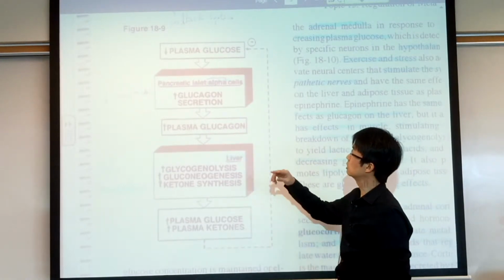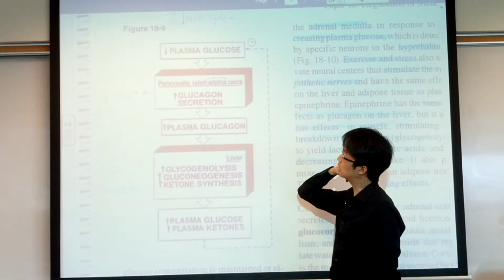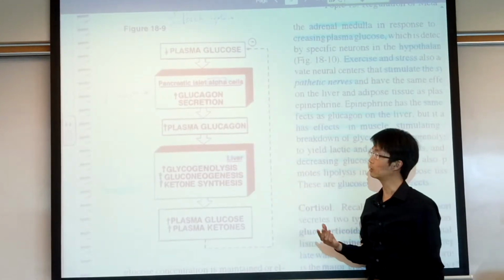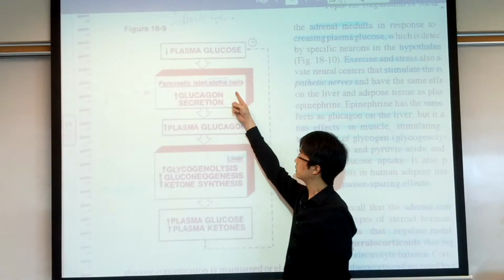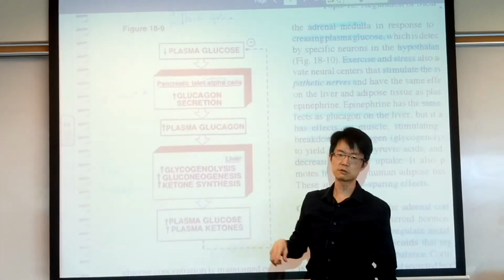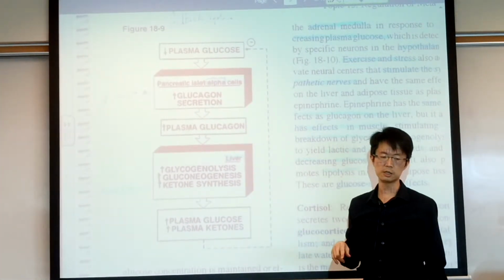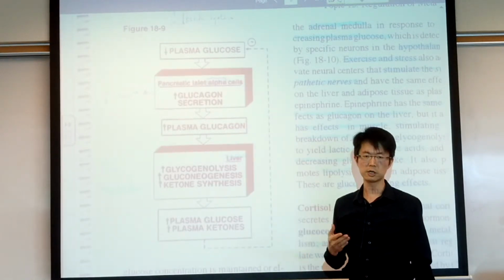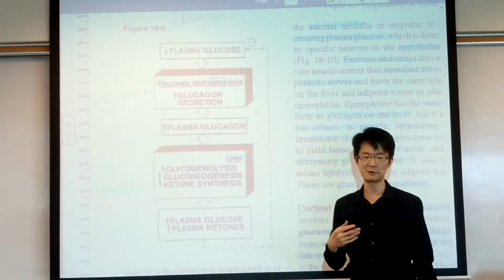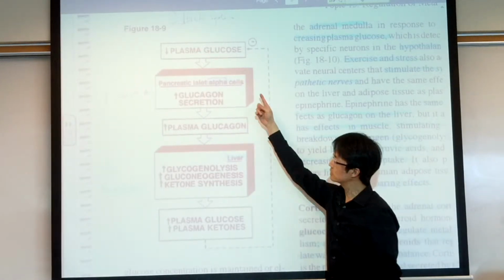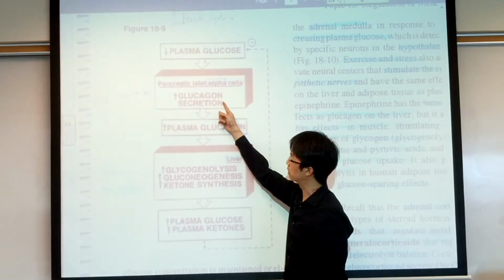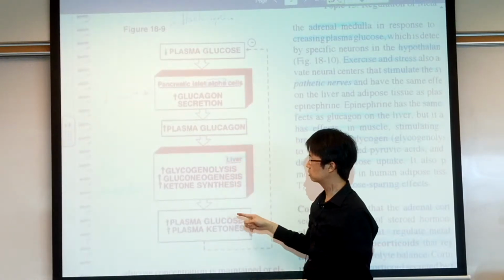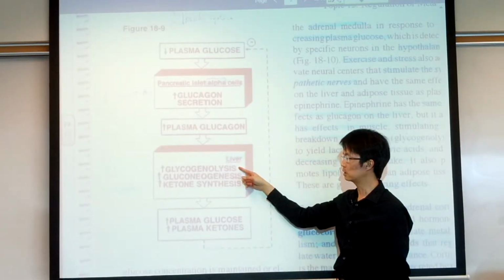So let's take a look. If we have a low blood glucose level, what will happen? The alpha cell secretes glucagon, the beta cell secretes insulin. This is something that we covered during the endocrine system. Hope you still remember. The alpha cell will secrete glucagon, so that glucagon can tell the liver to do glycogenolysis.